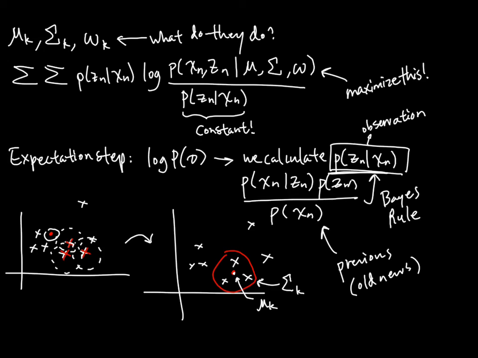So if you're coding this by yourself and wanting to come up with a very concrete algorithm, here's a list of what you should do. Just like k-means, actually let's call this step 0 because it's not really a step. Step 0: initialize mu k, sigma k, and omega k to some random values.